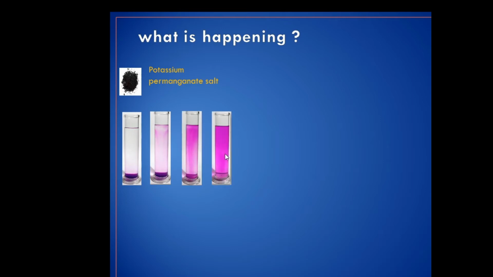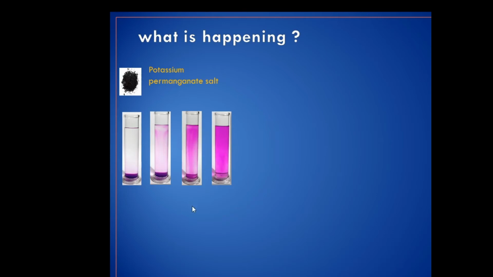And finally, the molecules which were concentrated at the very bottom, where they were more, started moving from the higher region to the region where there was nothing. Now you can see here it has spread to the entire container. So the color has spread to the entire container and we see a colored solution.